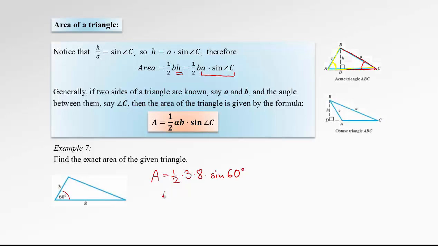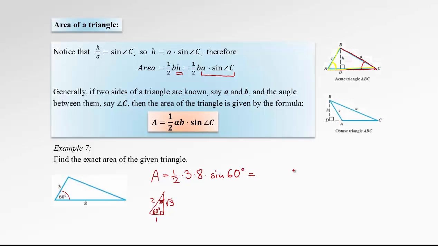If we don't quite remember this, we can always sketch the special triangle with 60 degrees here, 90 there and 30 there. That's 1, that's 2, that's root 3. It's a good recollection of the special triangle, right? So sine of 60 degrees is root 3 over 2.